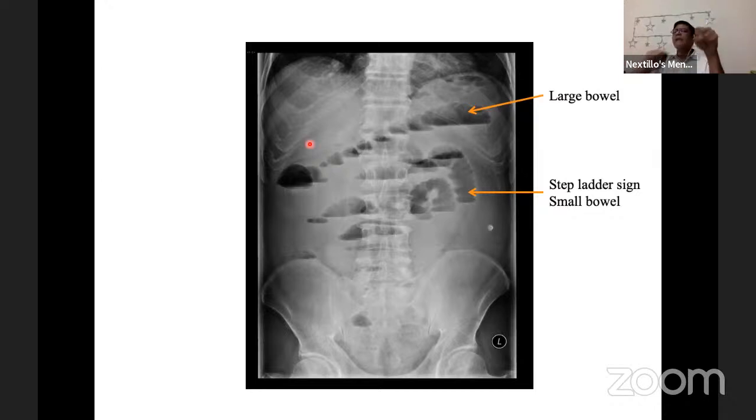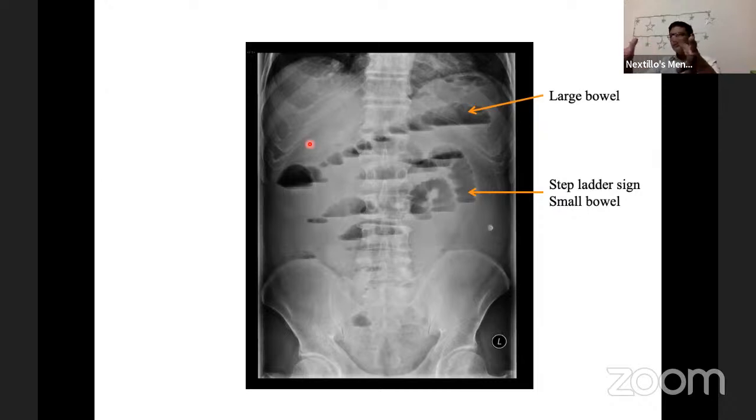Small bowel, pain is colicky, distension is delayed, nausea and vomiting is early. Then we have constipation, decreased bowel sound. Initially, we have diarrhea and we have increased bowel sound, fluid loss, hypotension, sepsis. Investigation of choice, X-ray.